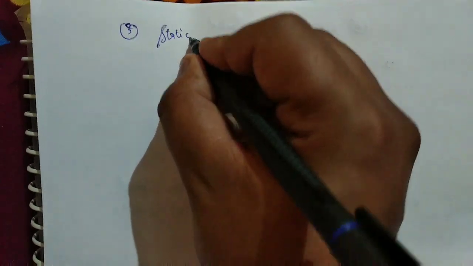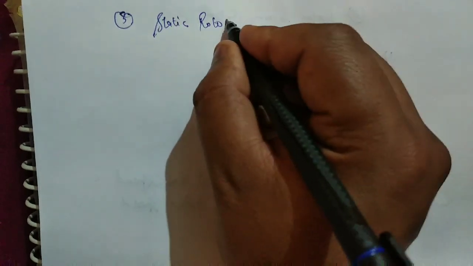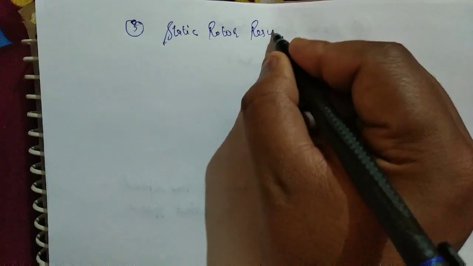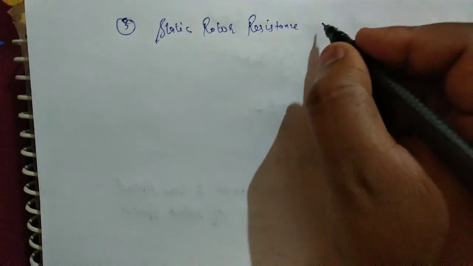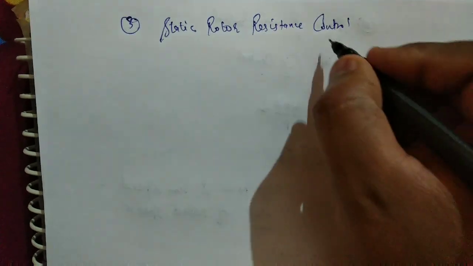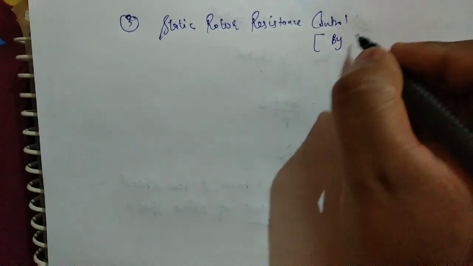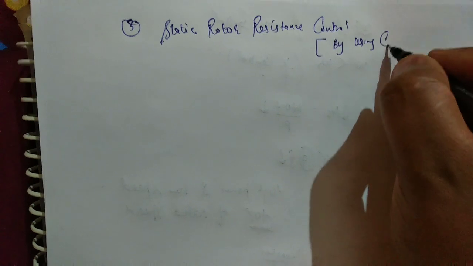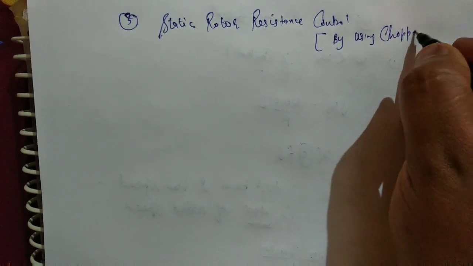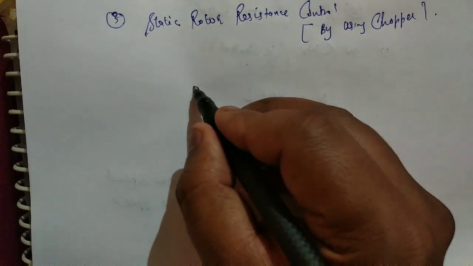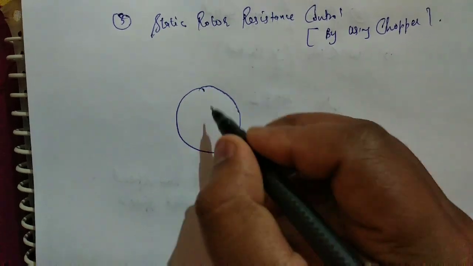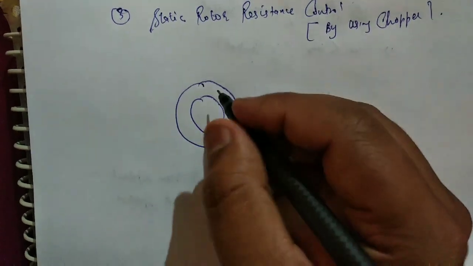Now the third method is static rotor resistance control by using a chopper. In this figure, this is a stator and this is a rotor.